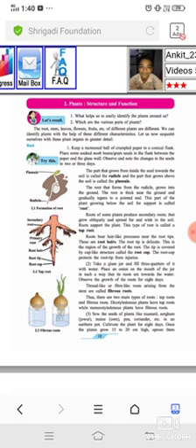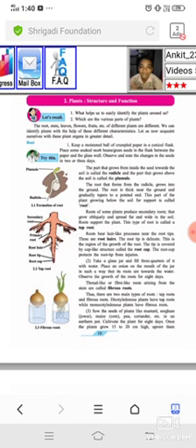Second, take a glass jar and fill three quarters of it with water. Place an onion on the mouth of the jar in such a way that its roots are towards the water.